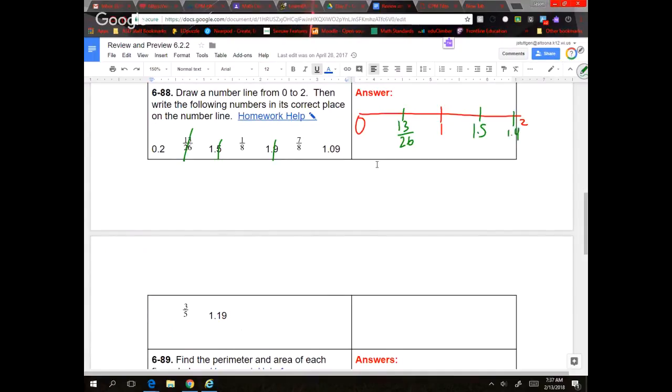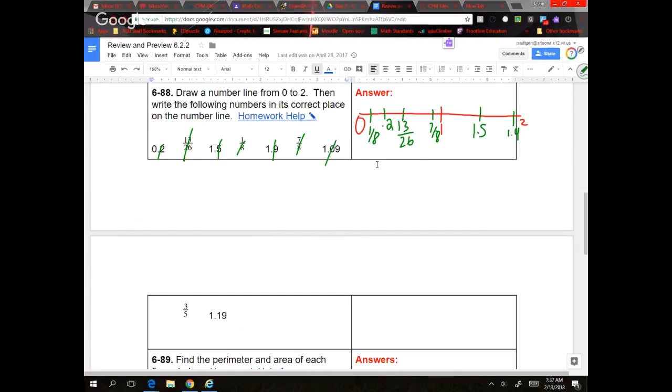All right? 7/8 is almost a whole. 1/8 is very small. And then I got a couple decimals here. Okay? So 0.2 I know is going to be less than a half and more than 0.8 or 1/8. So I'm going to put it right there.